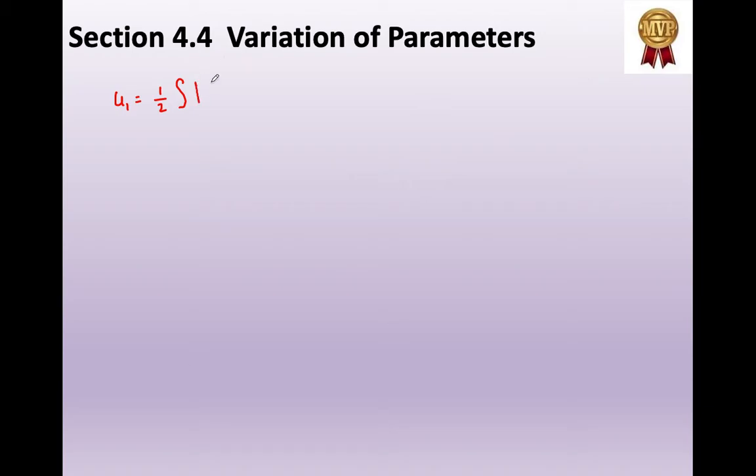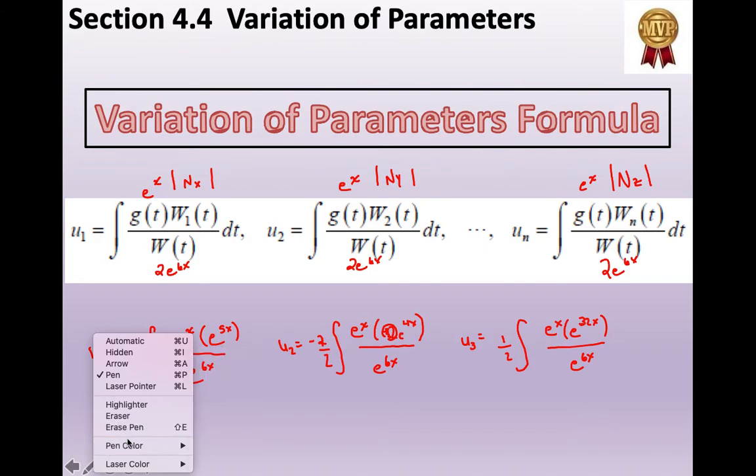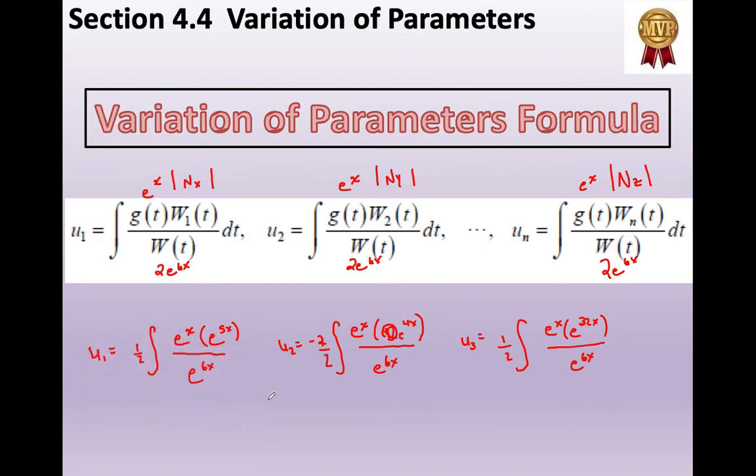Maybe I should go back to where you can see these, right? Isn't this just, right? This numerator is just e to the 6x, isn't it? So that's just integrating 1. And I guess I should have my dt's out there, shouldn't I?